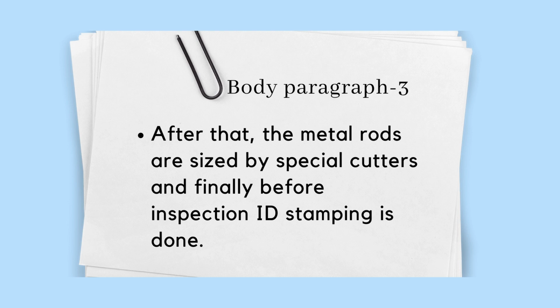After that, the metal rods are sized by special cutters and finally, before inspection, ID sampling is done. Here, I have made another body paragraph. If you want, you can add the same thing in body paragraph number 2.